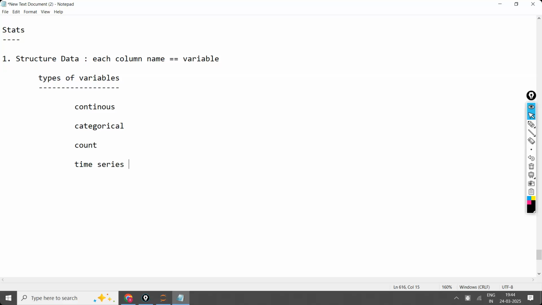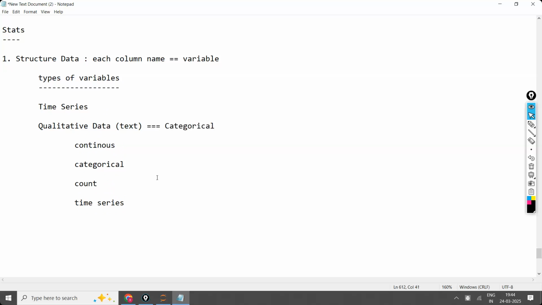Here, first there is time series; always we'll write time series. Second, we'll write qualitative data, which is in text format and is also called categorical data, like the gender column.